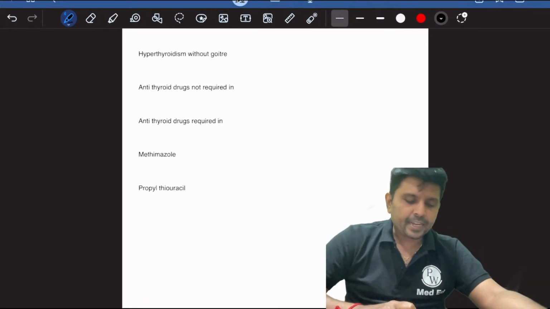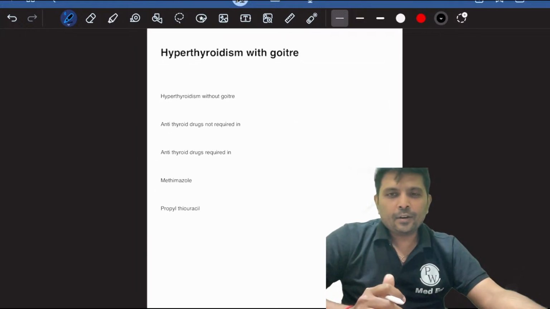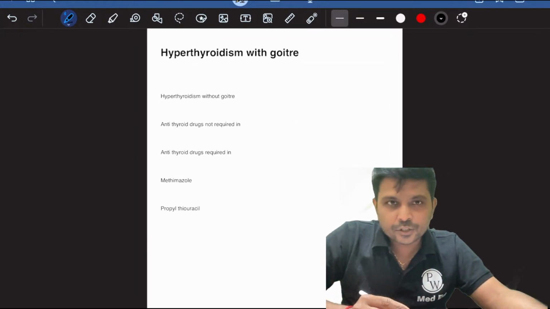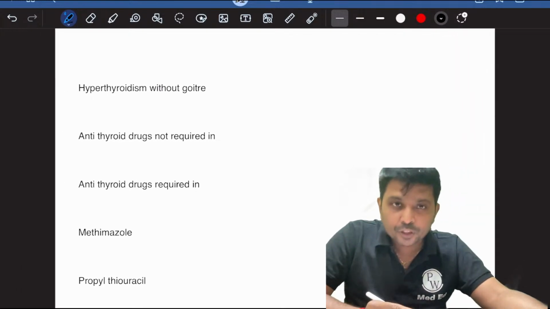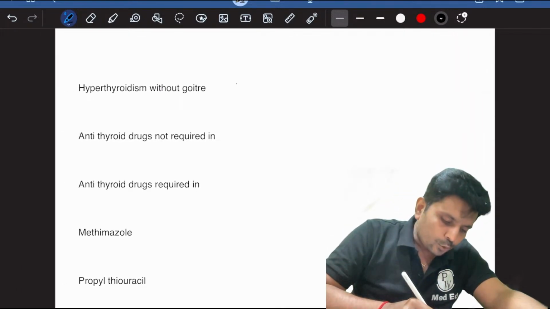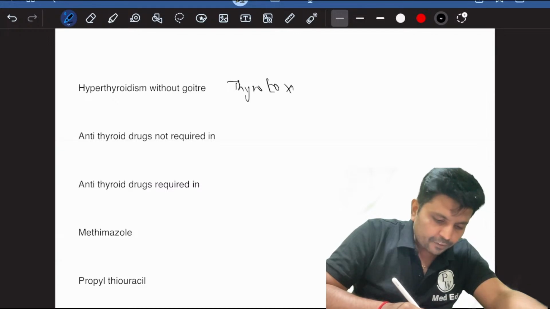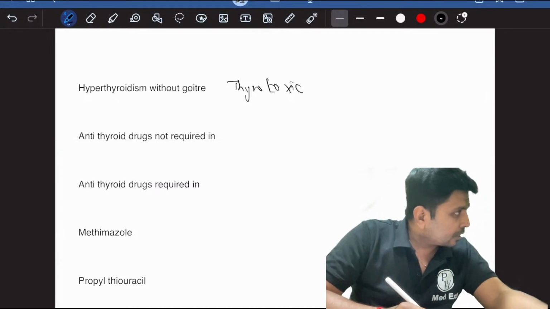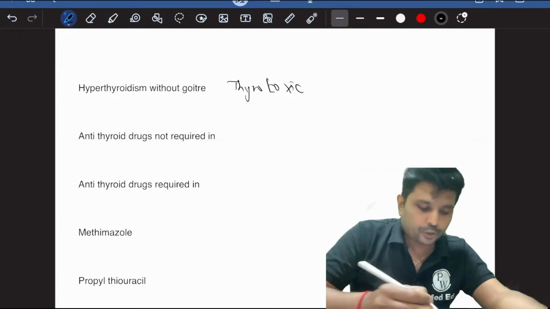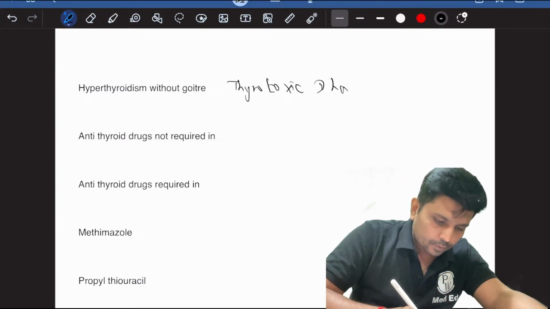And finally, what is that? Already it was discussed to you. Whenever you have hyperthyroidism without goiter, it is usually the thyrotoxic phase of Hashimoto's.